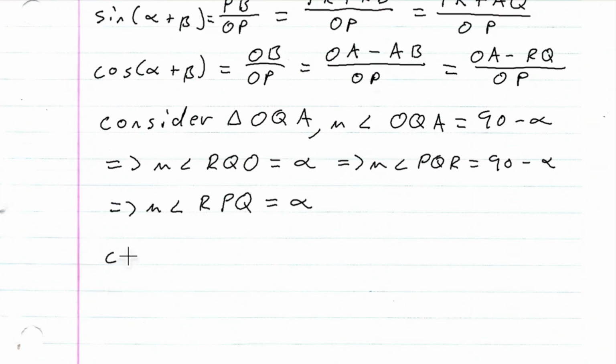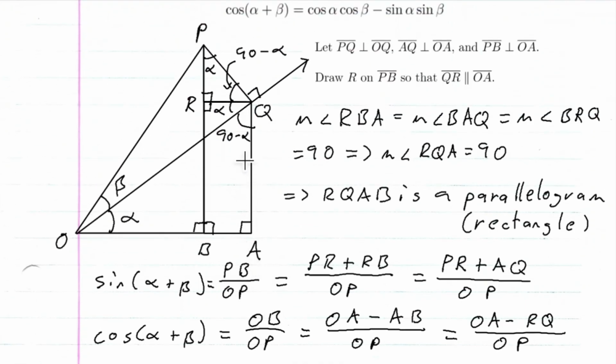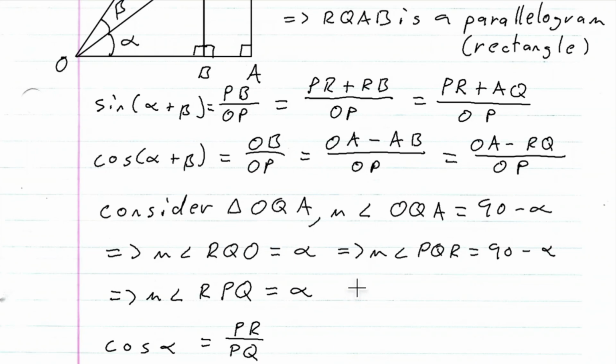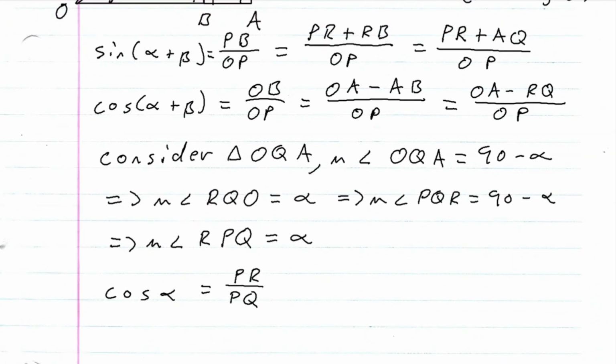So cosine of alpha is equal to PR over PQ, and I want to solve for PR. So I can multiply both sides by PQ to get PQ cosine alpha is equal to PR. So I found my PR for this formula.